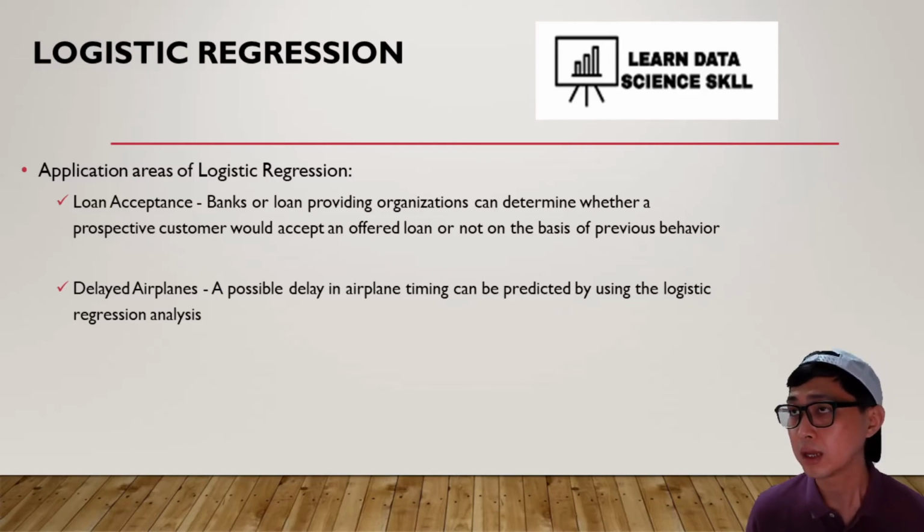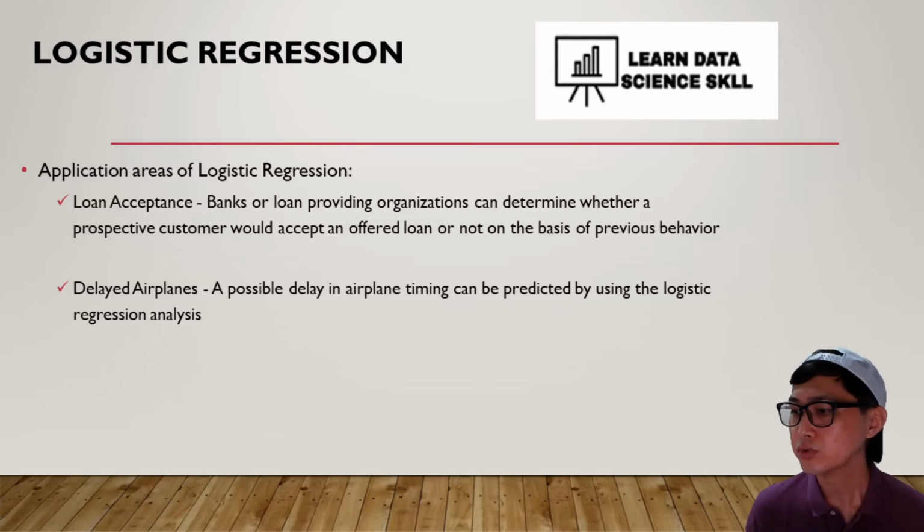Or the bank can also use logistic regression to predict whether a customer will pay back the loan or will not pay back the loan. And some airlines are also using logistic regression to predict whether an airplane will be delayed or not. So these are some of the application areas in which logistic regression is used.